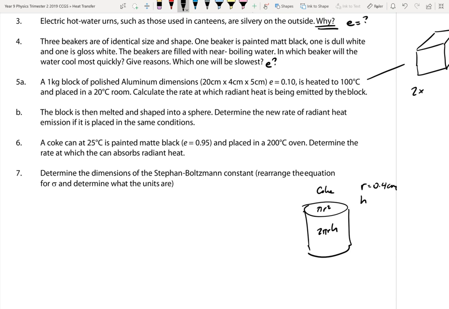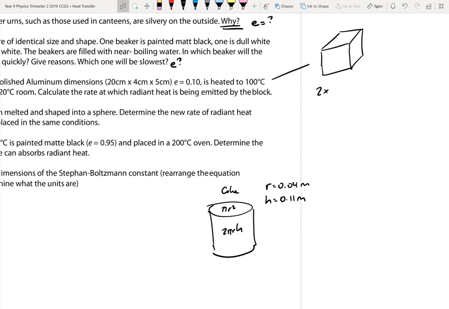Do you always put it over T? Yes, always Q over T. Hang on, the radius is 4 centimeters, so 0.04 meters, and the height is 0.11 meters. So this would be 2 lots of 0.2 by 0.04 plus 2 lots of 0.2 by 0.05 plus 2 lots of 0.04 times.